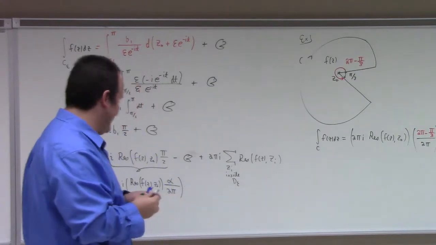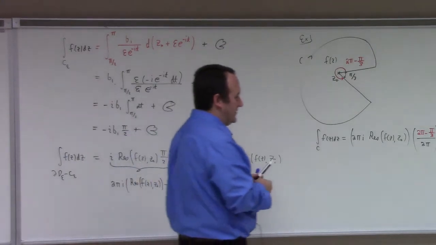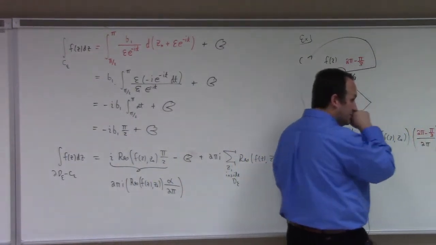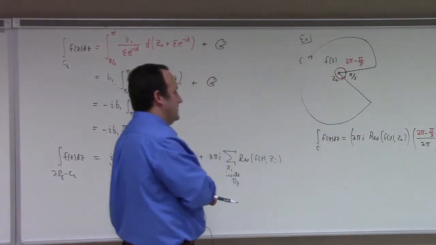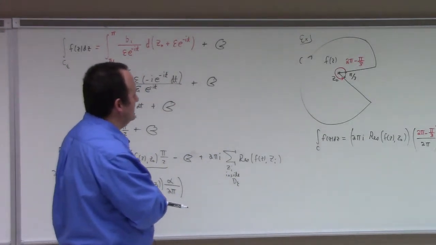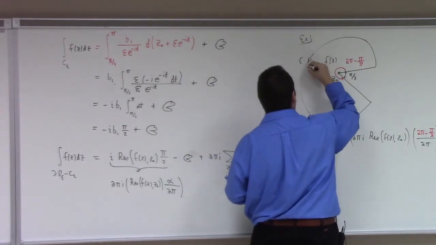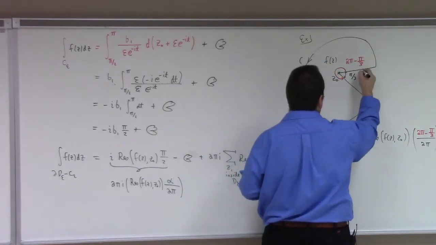So it's not negative over there or anything, it's just the size of the angle? Right. In this case, it would be negative because it's clockwise. The angle that you want to put, 2 pi minus pi over 3, is positive. But your C is the positive boundary, right? Oh, did I do that? I didn't want to do that. Sorry, I was trying to do the counterclockwise.